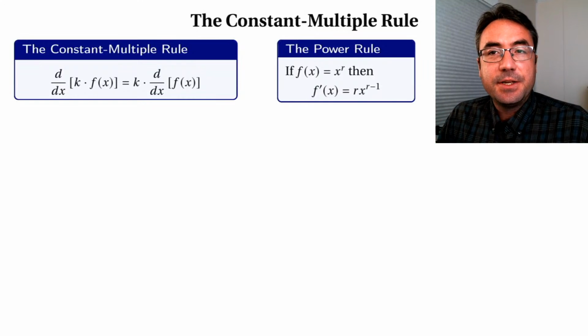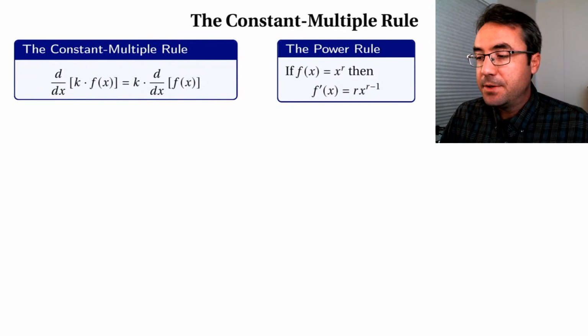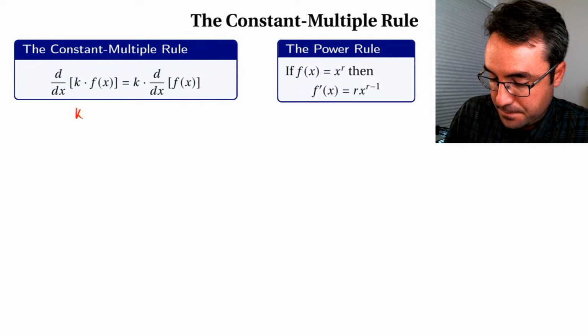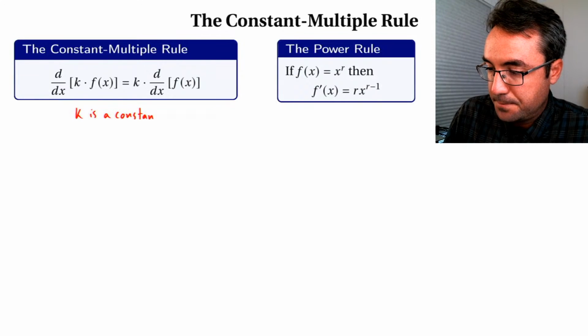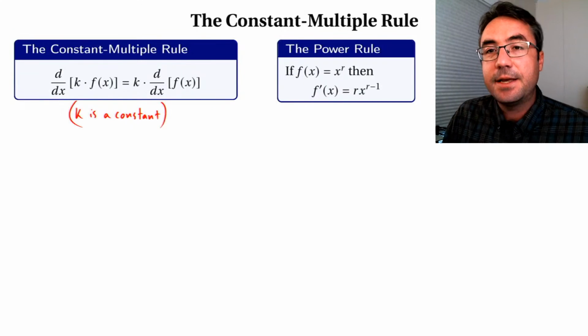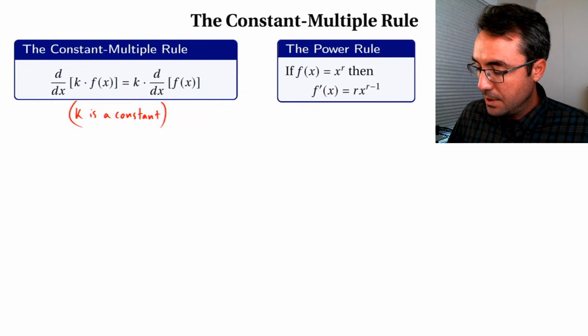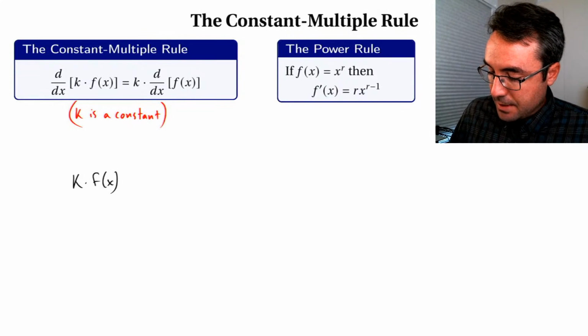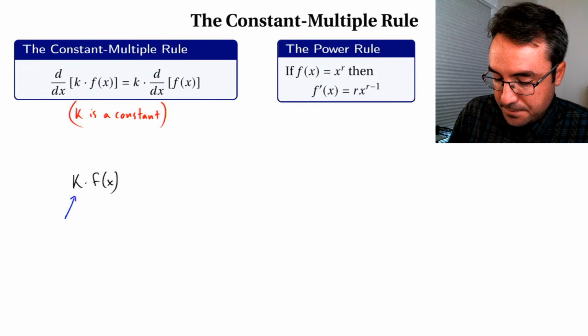So this gives us a differentiation rule for what happens when we have a constant multiple of a function. So k is just a number. It's a constant. So what do we mean? We have k times f of x. K is a constant.